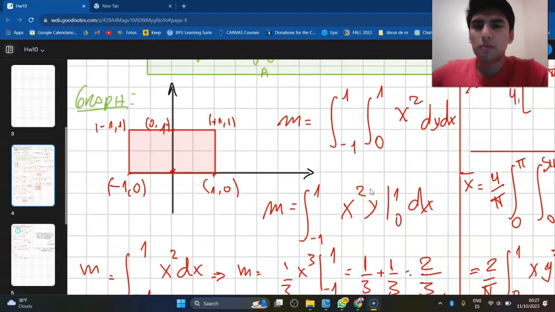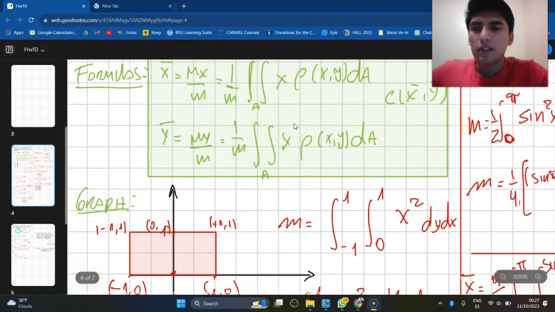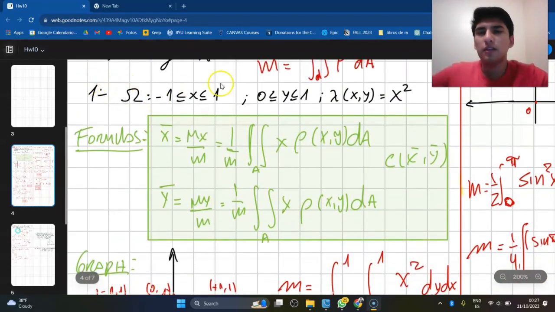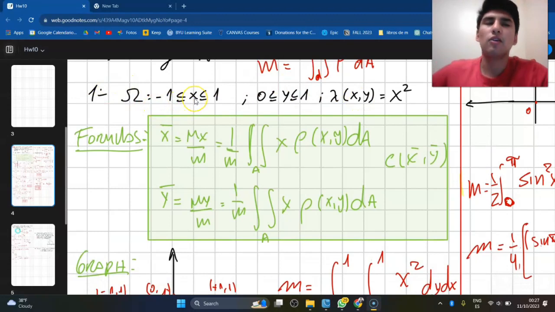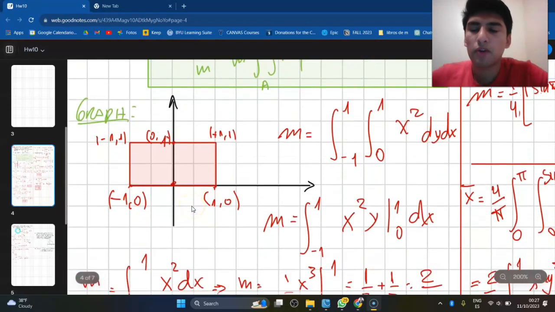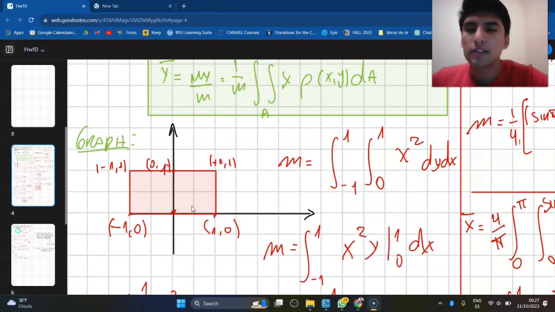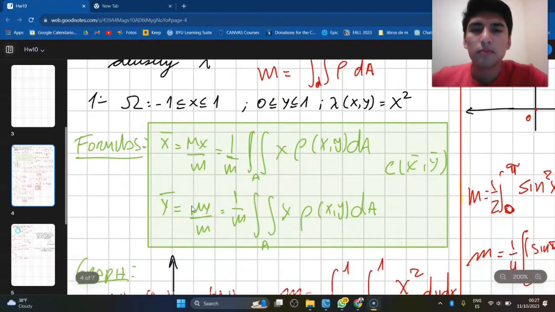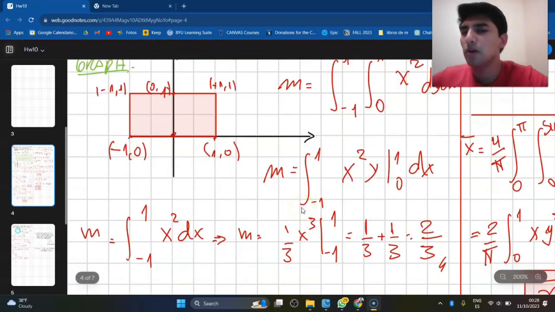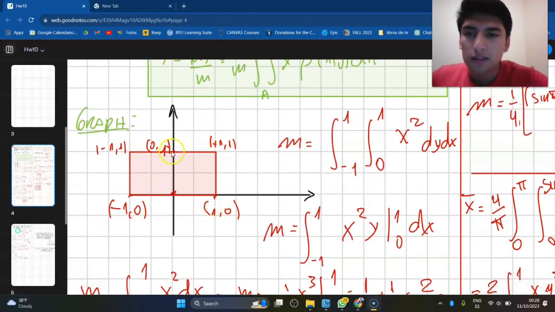Right here in this problem, we're going to draw a graph. If we take the limits in this statement, we can see that x goes from -1 to 1, and in the y-axis we are going from 0 to 1. As this graph is showing, this is a rectangle.